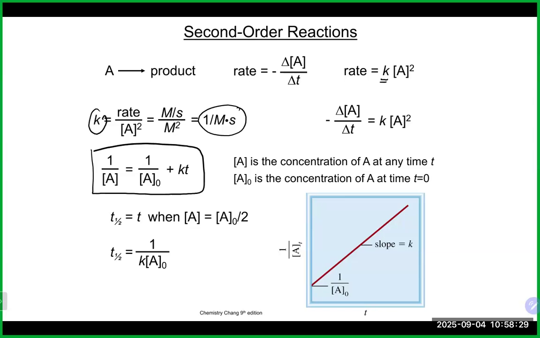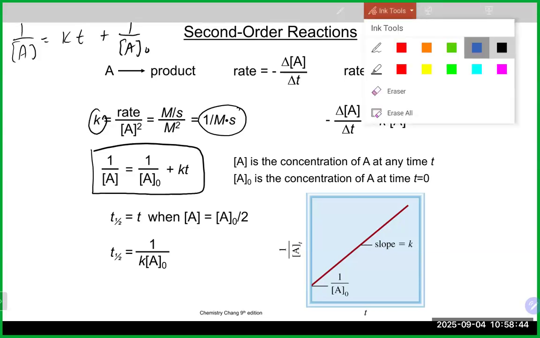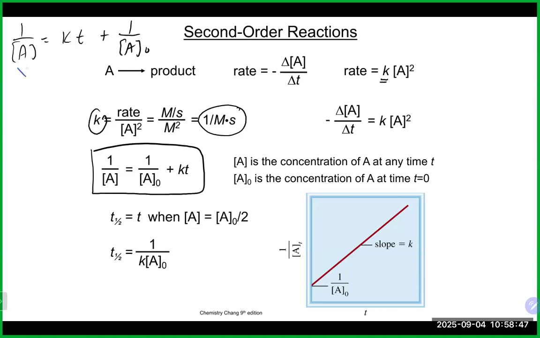We can rearrange that formula just like we did the first order one: kt plus 1/[A]0. This is the second order formula in the form of a straight line, y = mx + b. That gives us the typical graph for second order, with 1/[A] on the y-axis and time on the x-axis. This again is going to yield a straight line.